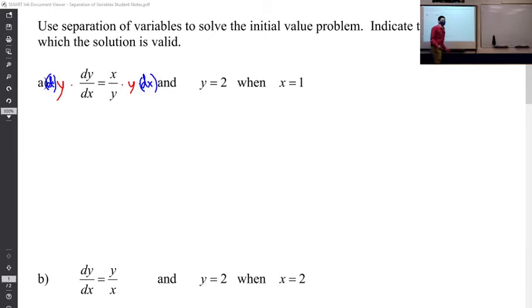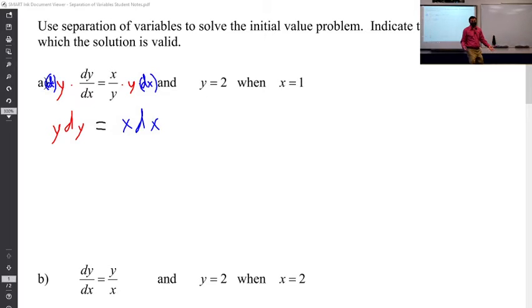I won't show this part of the process every time because you guys know how to manipulate an equation around. But we have y dy on the left side equaling x dx on the other side.